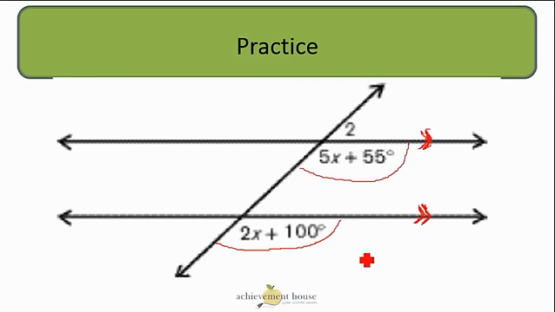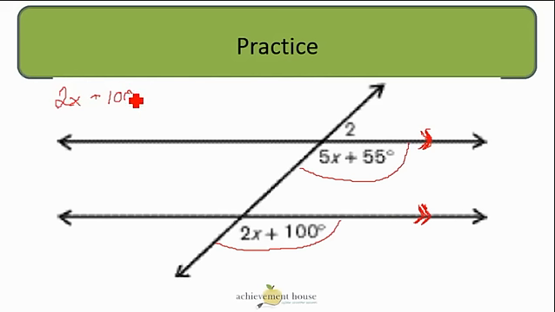Or you could be asked to find the x value that makes the two lines parallel, and that would mean that both of these angles would have to be congruent. Either way, if we're solving for x and we know that they're parallel, we're going to put the two expressions equal to each other.